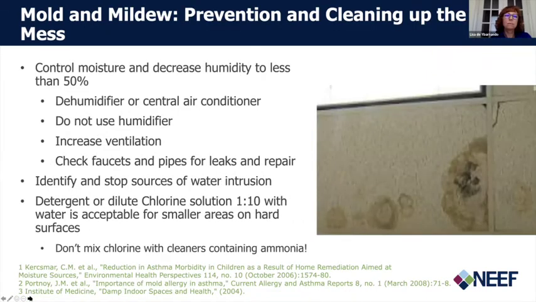So what can we recommend to our pediatric patients? Mold and mildew prevention and cleaning up the mess. We want to control the moisture and decrease humidity to less than 50%. Unfortunately, some of my pediatric patients, even though we live in such a hot environment, do not have central air conditioners.